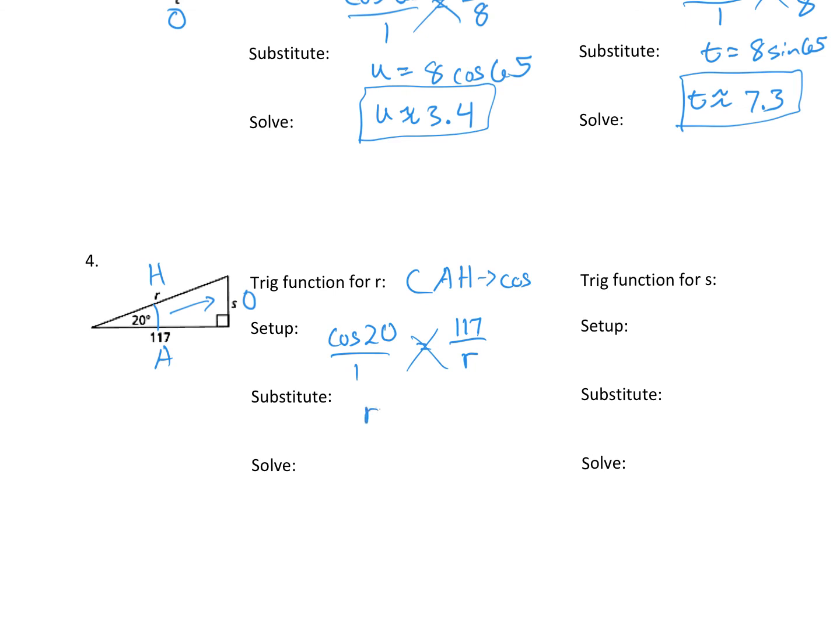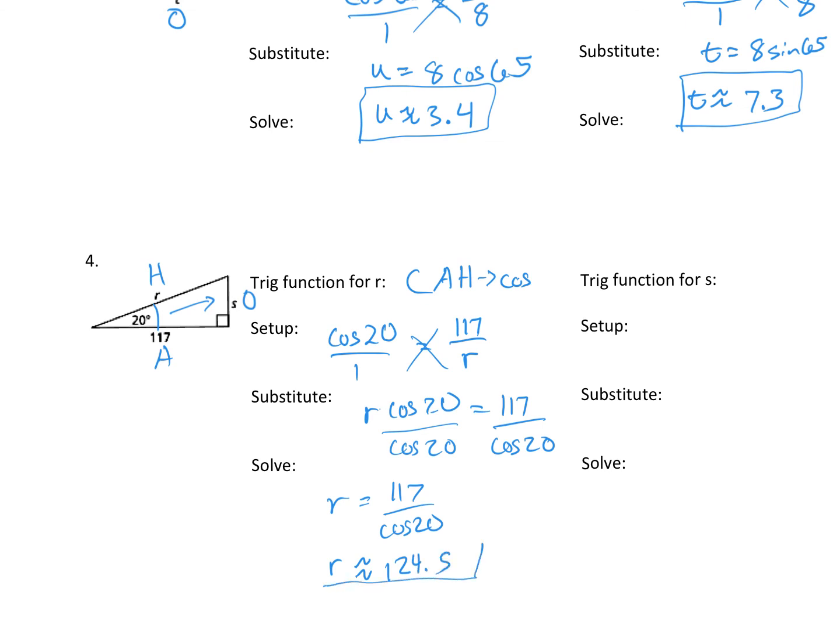So r times cosine of 20 must equal 117. If I divide by cosine of 20, r should equal 117 divided by cosine of 20, which gives us r is about 124.5. Oh, not degrees, 124.5 distance. Apologize about that.